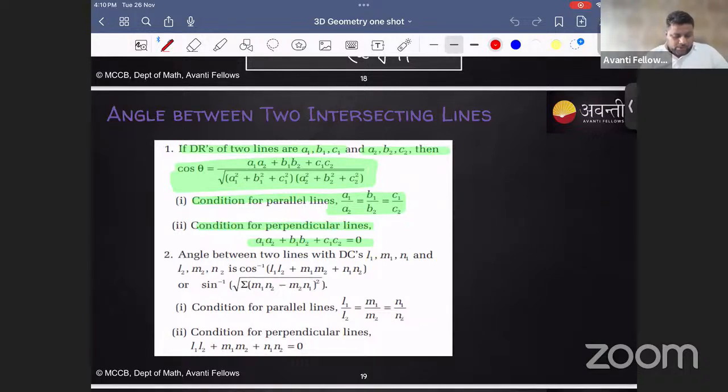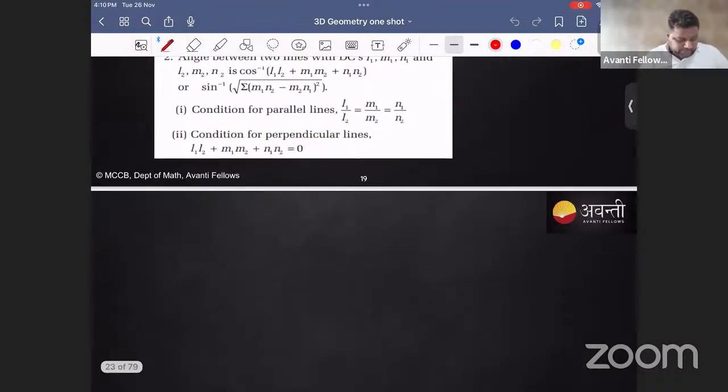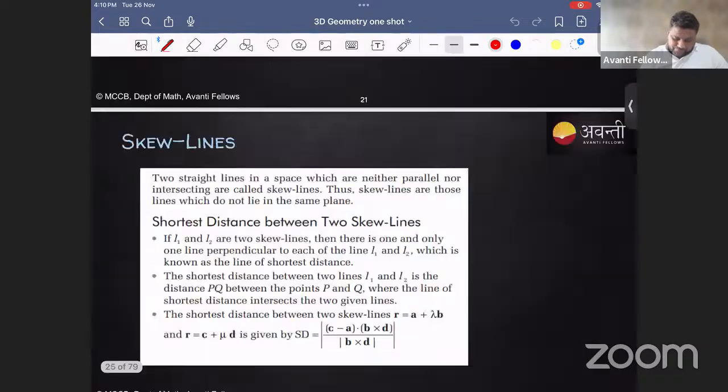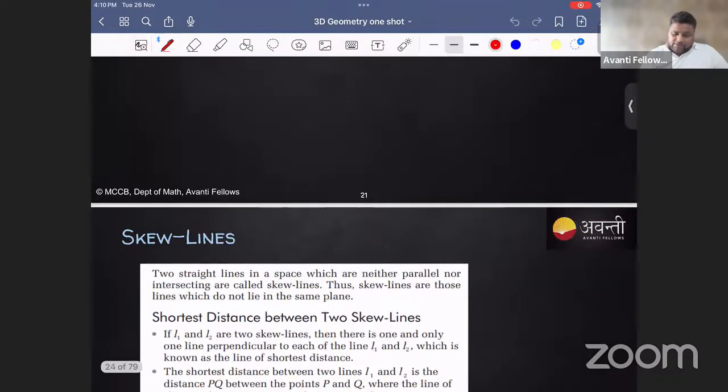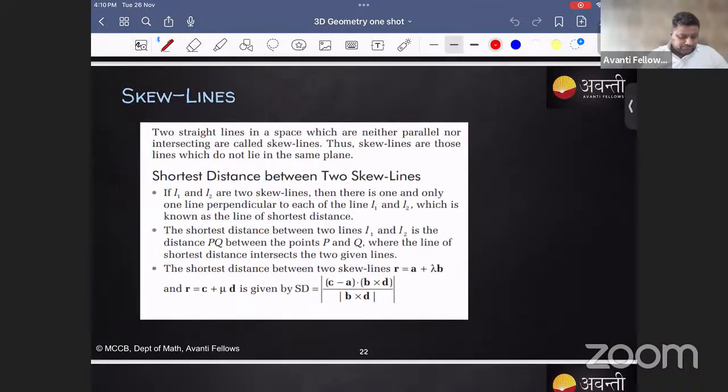Right? Then what happens if the lines are parallel? What happens if the lines are perpendicular? And so on, so forth. Got it? Then there come skew lines. So today we will start with skew lines.